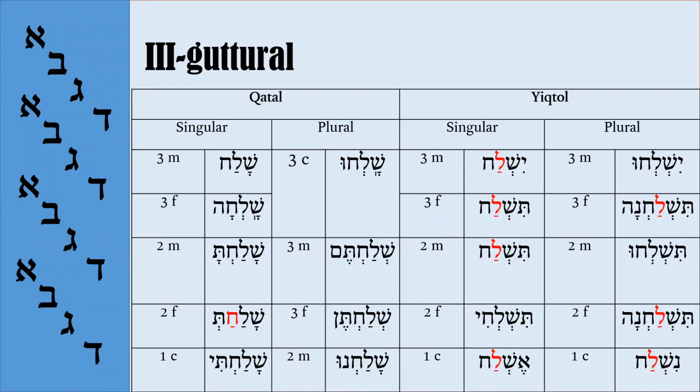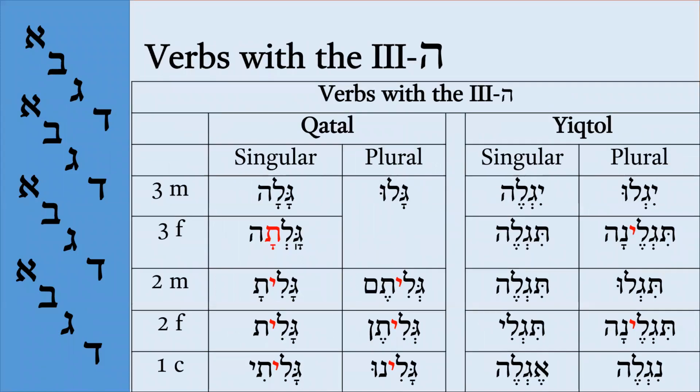Now, we come to a very, very important topic, and those verbs which are singled out to a separate category, which means that they have many more deviations, and their deviations cannot be classified as just a third guttural.